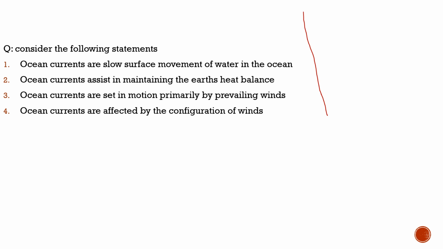We had taken up geography, and today we brought this question from the paper of 2022. This question was asked with respect to currents. Let us try to understand it. The question says, consider the following statements.